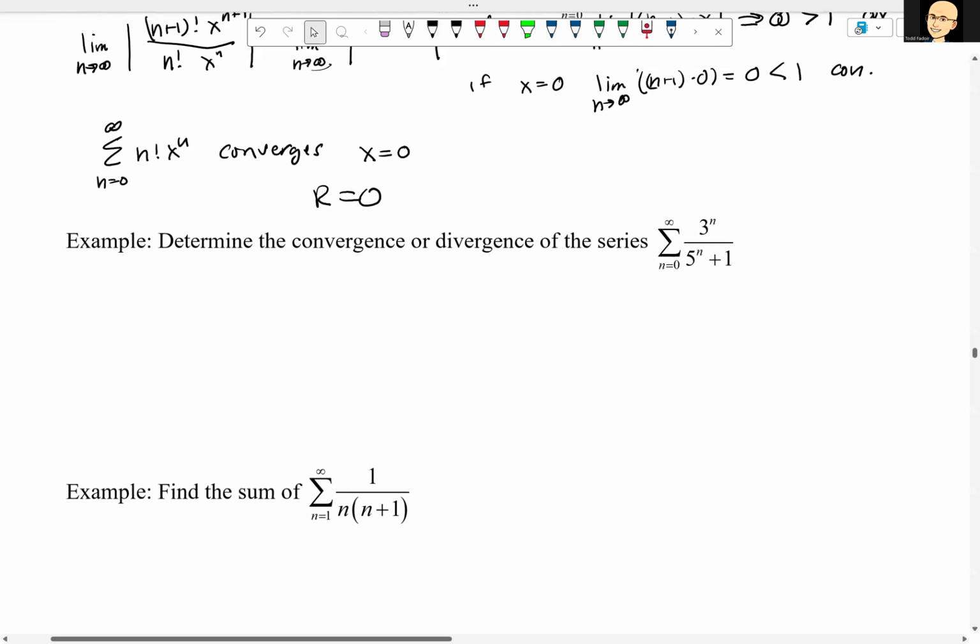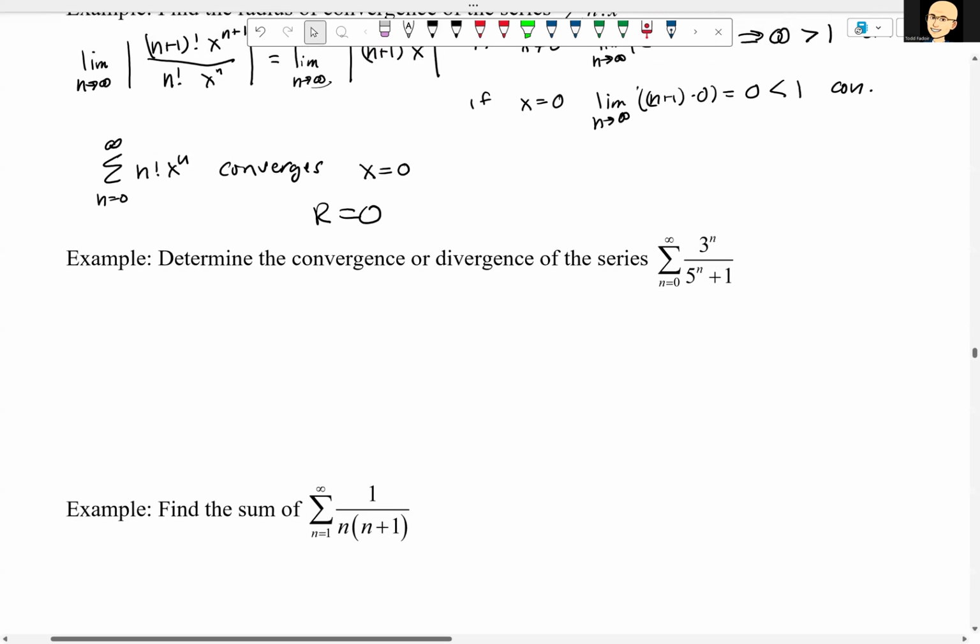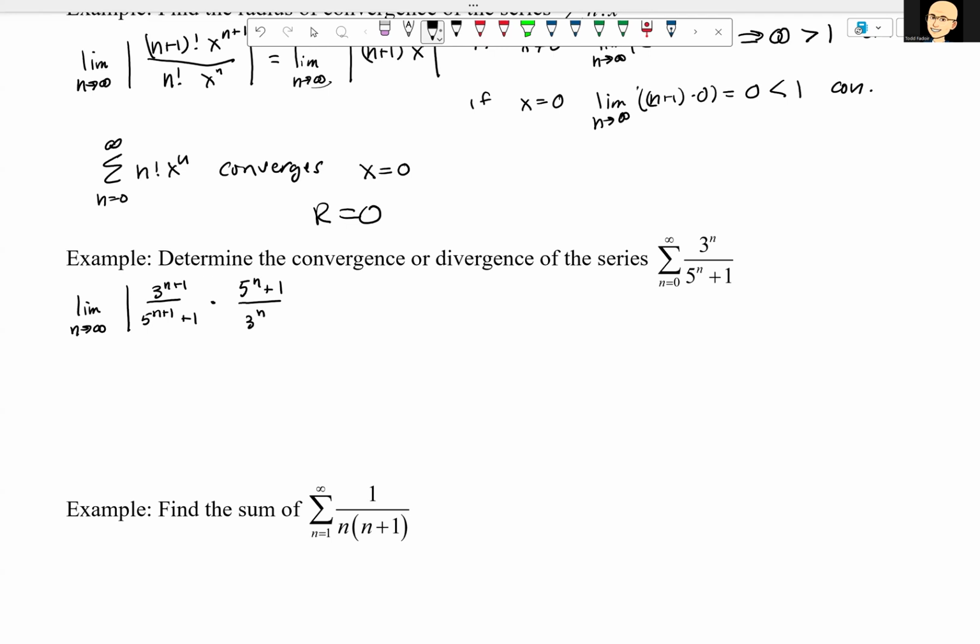All right, let's take a ratio test one more time for this one. And that is, what do we get? The limit as n approaches infinity of the absolute value of (3^(n+1)) over (5^(n+1) plus 1) multiplied by the reciprocal, (5^n plus 1) over 3^n.